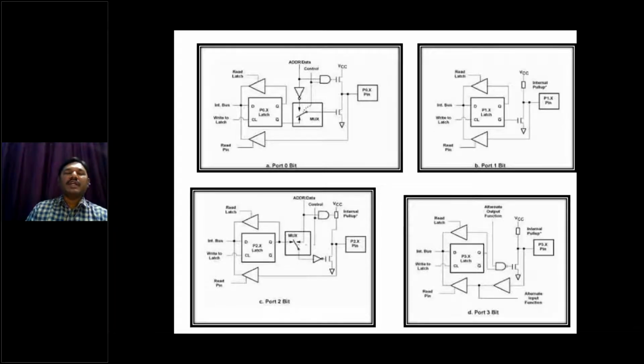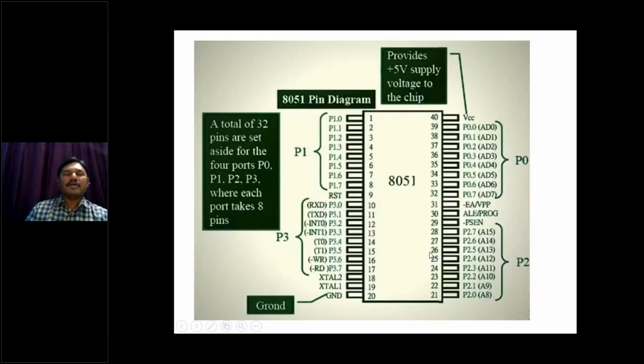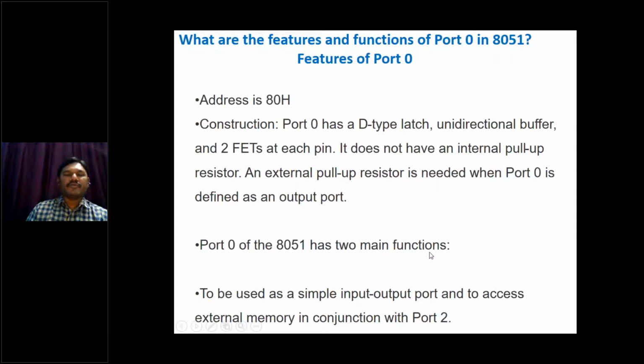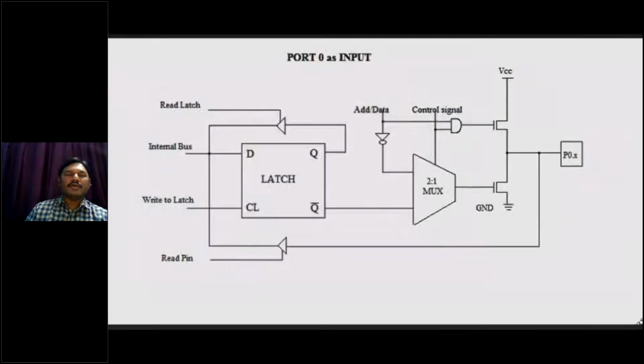Port 0 has 8 pins, port 0.0 to port 0.7, and it has 8 lines internally. Port 0 can be used as an input and output port or as the lower order address and data bus, AD0 to AD7, for external memory.